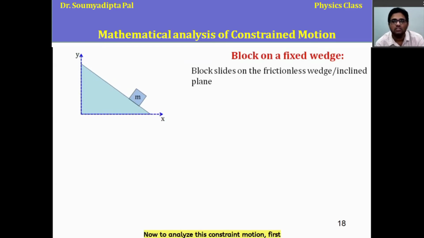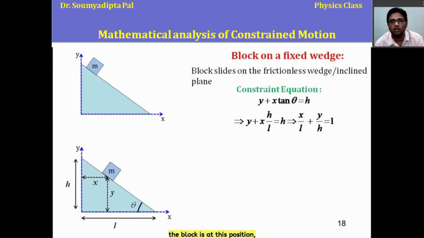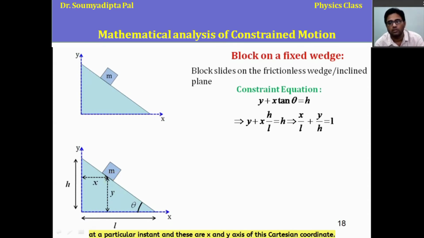Now to analyze this constrained motion, first we have to write down the constraint equation. To do that, let's consider the block is at this position at a particular instant, and these are the x and y axes of this Cartesian coordinate system. Here the total height of the wedge is h and L is the length of the base of the wedge.